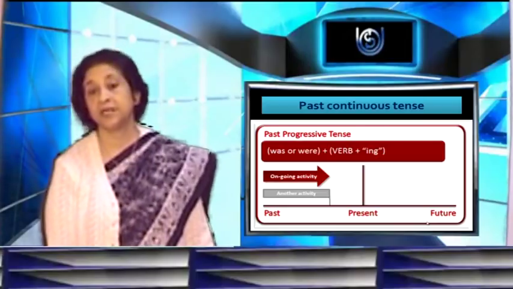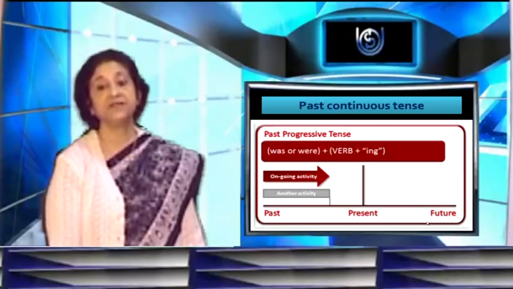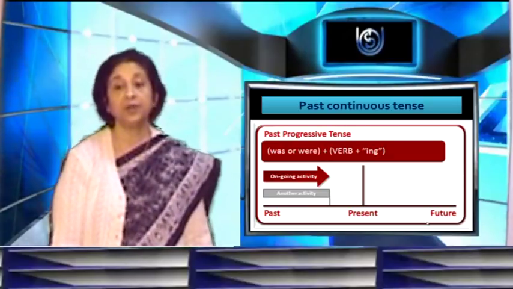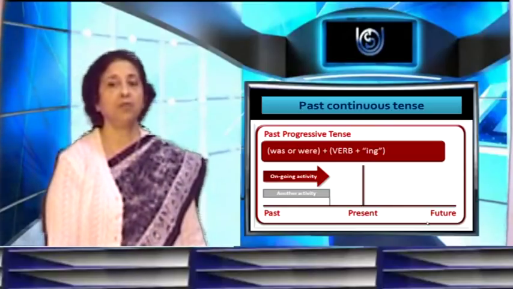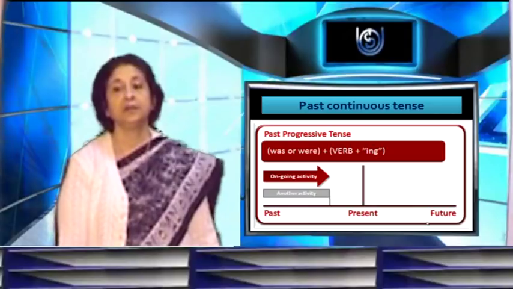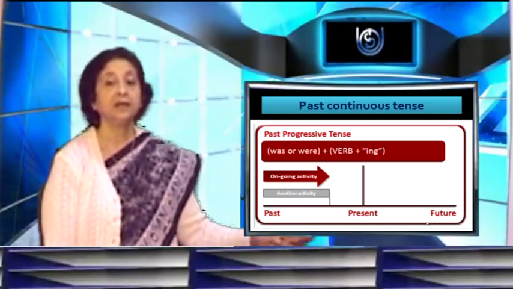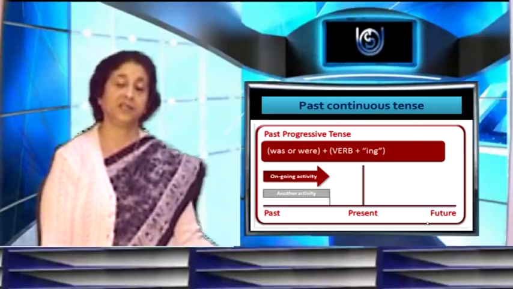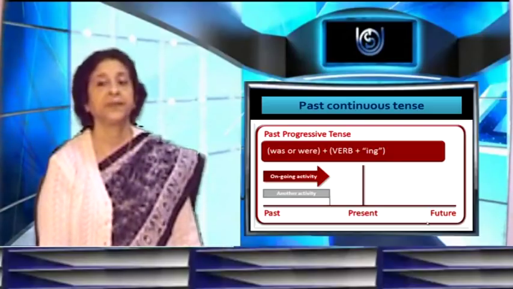Now past continuous tense, or past progressive tense. In past continuous tense, as I have already told you, the concept of ing is there. With the first form of verb, you put ing and was or were, and it's an activity which is going on continuously in the past. That is past continuous tense.